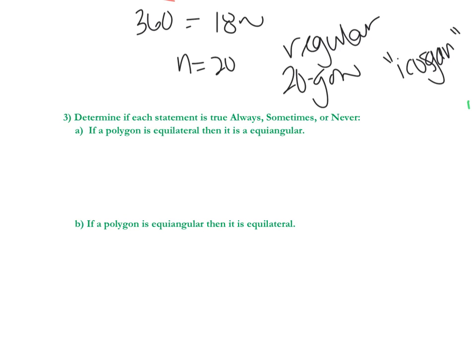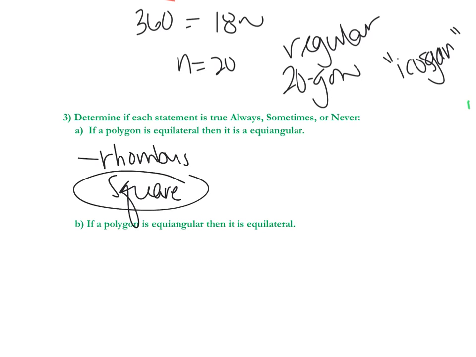So let's think about our two quadrilaterals that are equilateral. One's a rhombus, one's a square. Are both of these, or neither one, or just one of them, equiangular? Well, a square is, a rhombus is not. So this is sometimes.